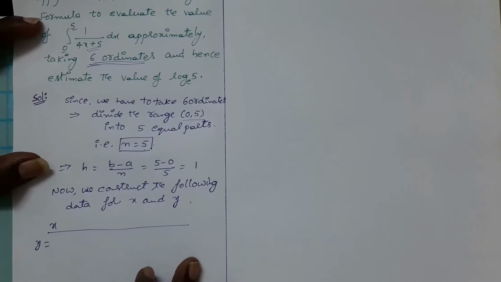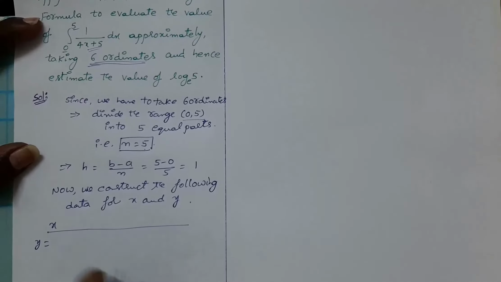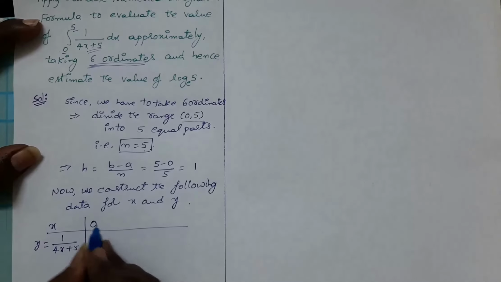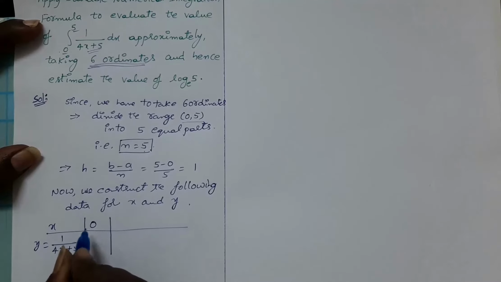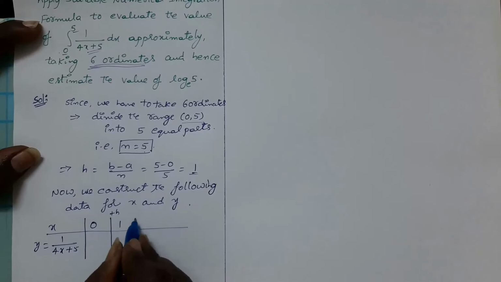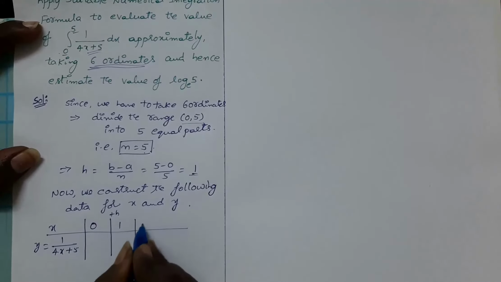Our y is the given function inside the integral, which is 1 by 4x plus 5. So start the x values with lower limit 0 and add h value, which is 1, to it. So you will get 1, 2, 3. We can continue the process until we get the upper limit 5: 4 and finally 5.